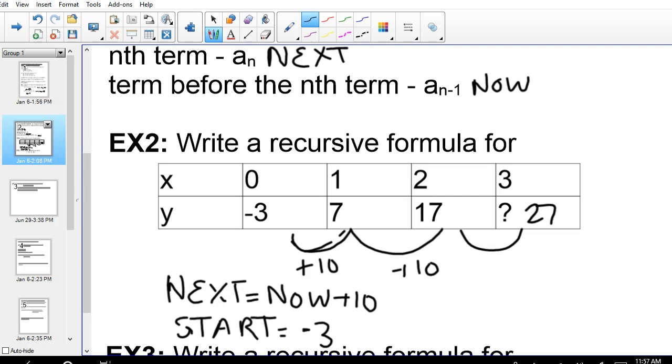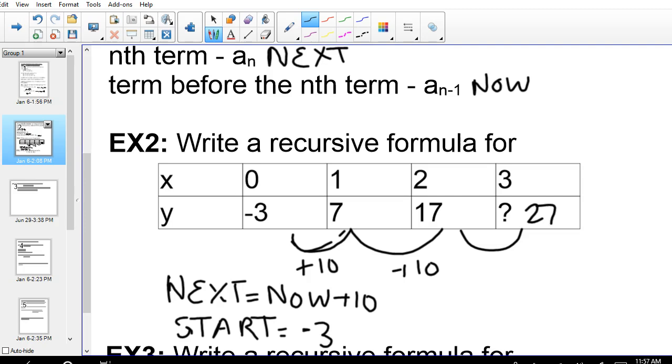I like that. It's one of the few things that Core Plus book does that I like because it makes sense. You take the number you got now, you add 10 to it, it gives you the next number. With recursive notation, it looks a lot weirder and scarier, but it's the same thing as what you've done here.